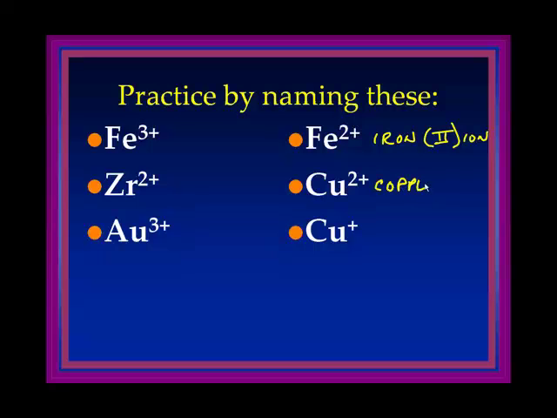And then we've got copper 2, ion, and copper 1, ion. Okay, so these transition metals, they always need a Roman numeral with just a couple of exceptions, which I'll show you in just a bit.